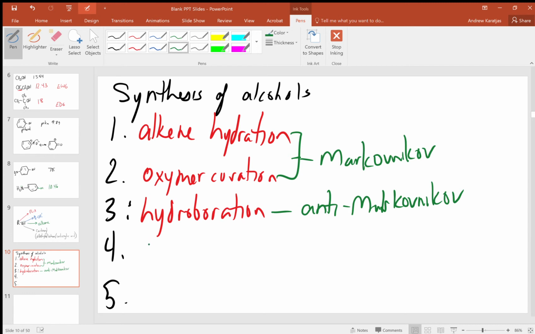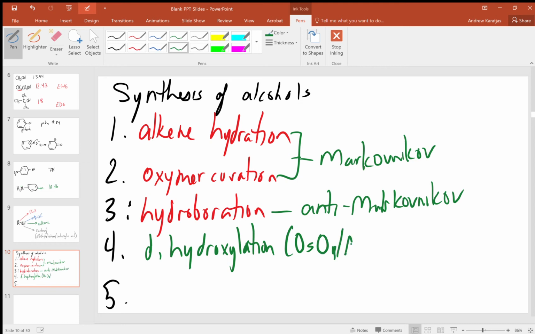We also learned about dihydroxylation, osmium tetroxide, and NMO, which gives us a diol, or 2 alcohols. And we've learned some ways that we could use SN2 to make an alcohol.